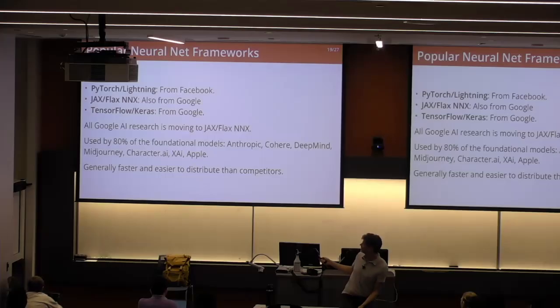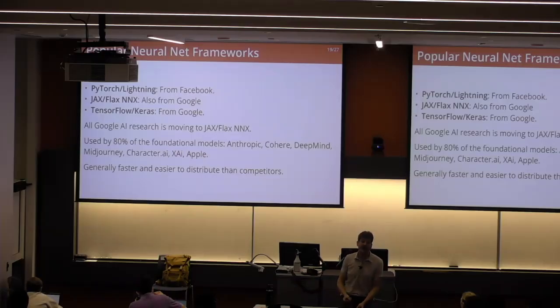Both of these are still used very heavily. In this class, we are using JAX, and the library that goes with it is called Flax NNX. That's their neural network library. I think this is maybe the first undergraduate course in the world to use this particular technology for teaching, but it is the hot stuff right now. Everything at Google AI is moving to JAX and Flax NNX.